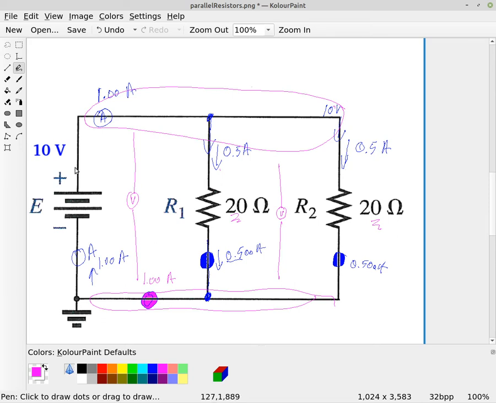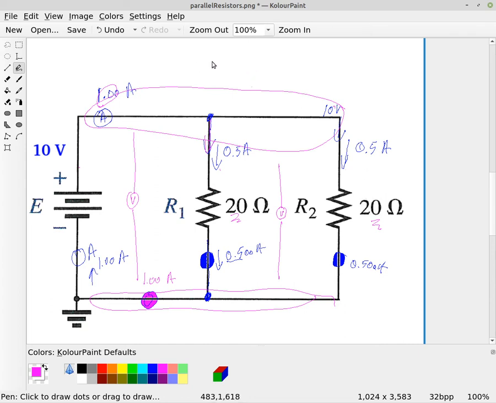But what about the power supply? All right, the power supply over here has got to output 1 ampere because it's got to provide enough current so that we get 1/2 of an amp through the 20 ohm and 1/2 through the other 20 ohm.